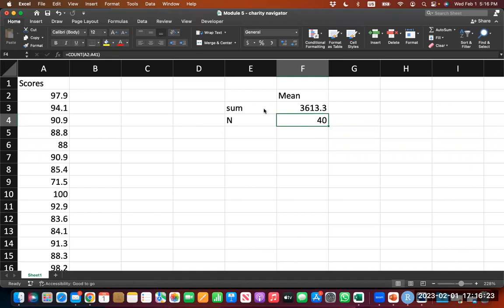If you do the sum function, it will only sum those with an actual numerical value. If you just go by the number of rows, you may count those that have an empty cell also as one observation, although they're not contributing to the sum. And that's a problem because then your mean is off. If you use the count function, it will only measure those cells that have a valid entry. So if I would take this out, count changes to 39.